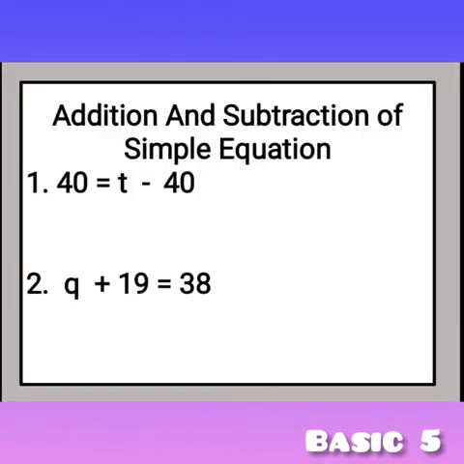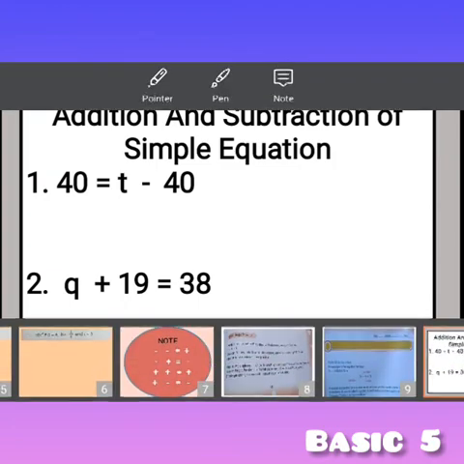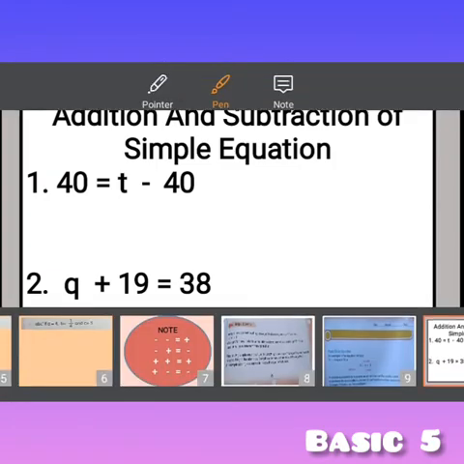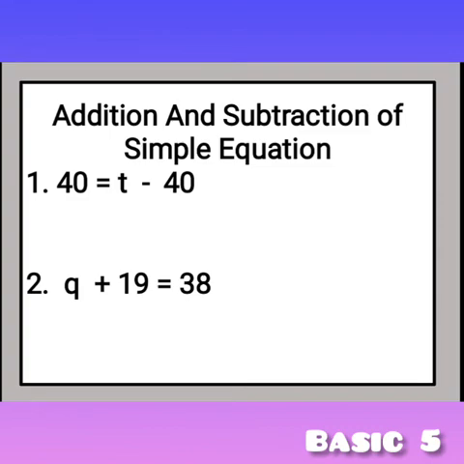Now let's look at a simple equation and see how we can solve it together. We have here 40 equals t minus 40. Now remember we said in a simple equation, the equal sign means whatever we do to the right, we do to the left.